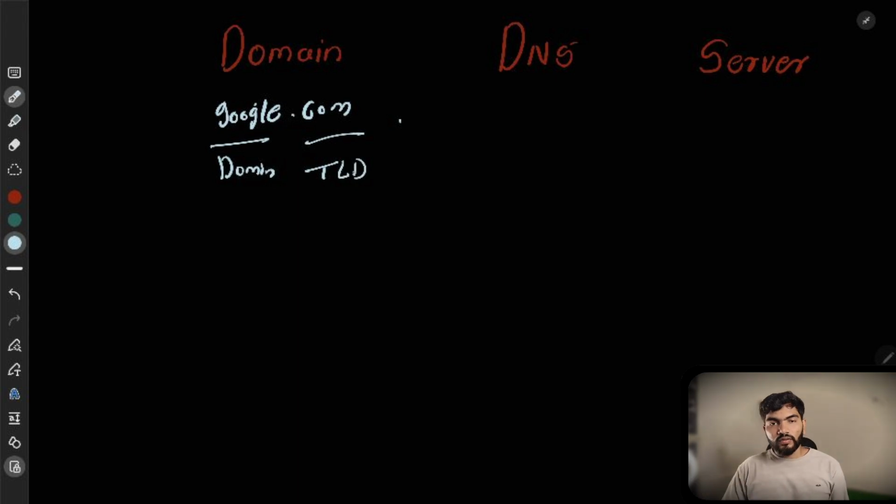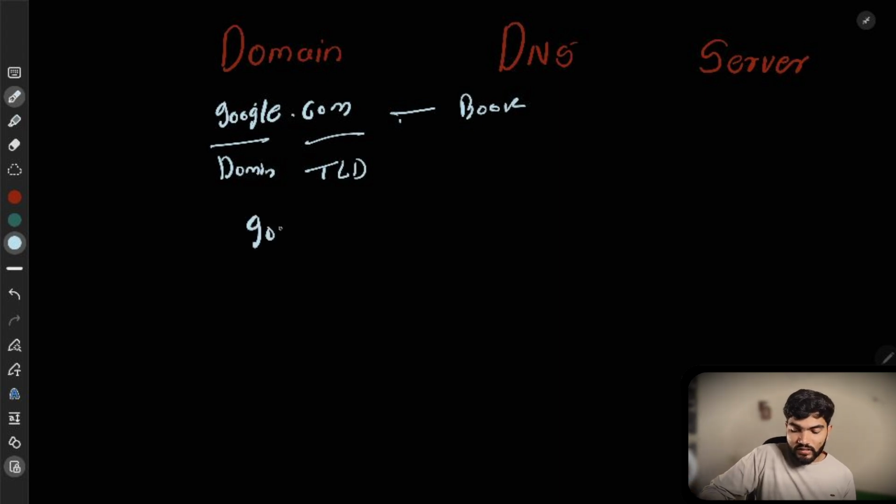Great. Now here, what exactly is a DNS? You can imagine DNS is a book. Okay, DNS is a book and every domain has its own book. So when I say google.com, it has its own book. It is not a book, but for understanding you can say it's a book, right?